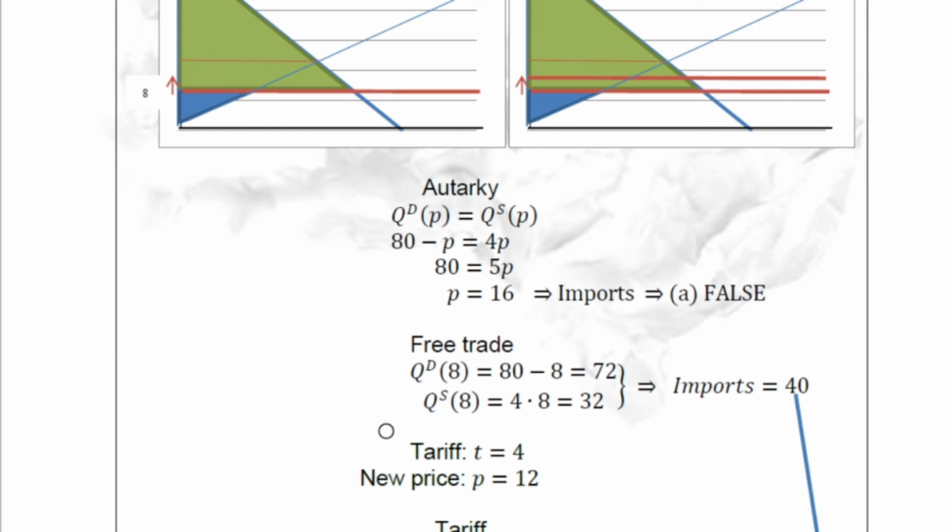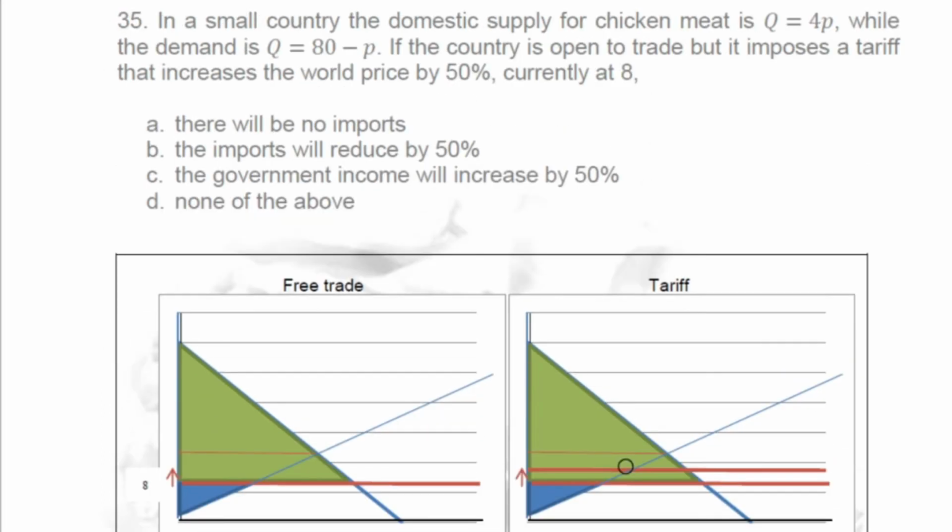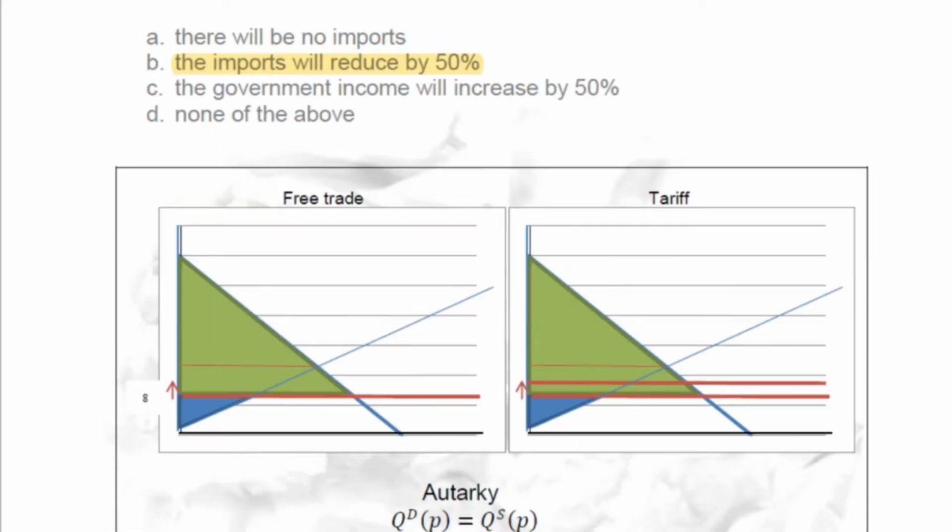With such a tariff of 50% of the current world price, so a tariff of 4, the new price is 12, sorry, and if we calculate the import, we find that the quantity demanded at this new price is 68, the quantity supplied at this new price is 48, so imports are 20. So the imports are reduced by 50%. Yeah. So B is the correct answer. Yeah.